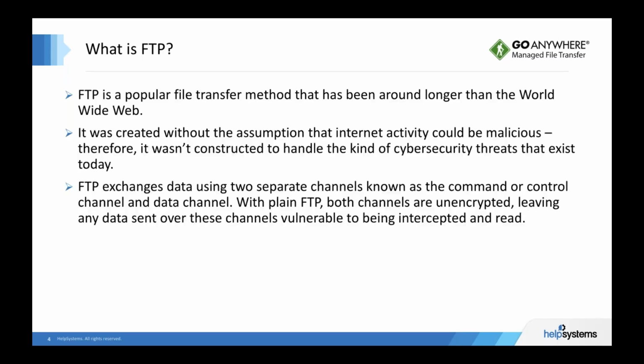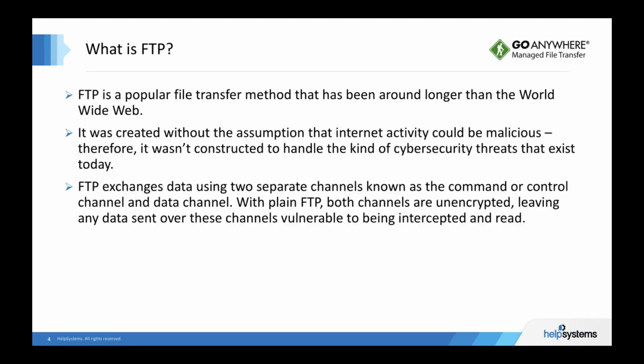As you can see here, this is primarily because it was developed so long ago. There weren't all the cybersecurity threats that we face today. People didn't need to take that into consideration. Firewalls weren't nearly as extensive. Ultimately, at a high level, the way FTP operates, and FTPS is very similar from an architectural standpoint, is that there are two separate channels.